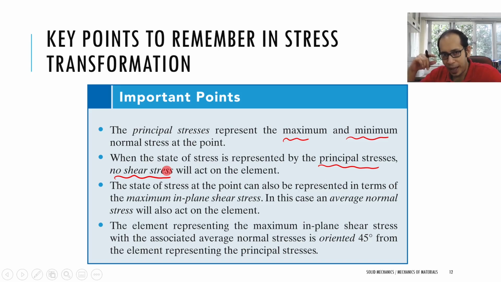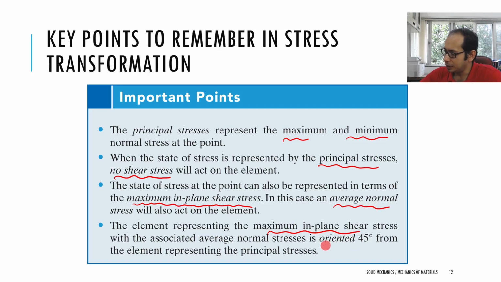Now when the element is rotated to the angle where it gives you the maximum in-plane shear stress, your normal stresses do not vanish, but become an average normal stress which also acts on the element. And lastly, the plane for the maximum shear stress is oriented at 45 degrees away from the element which represents the principal stresses.